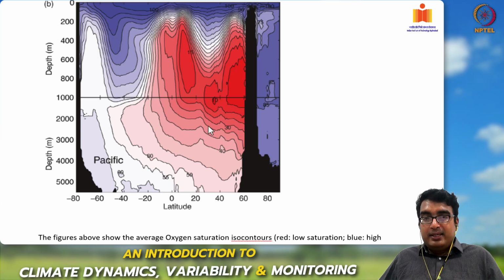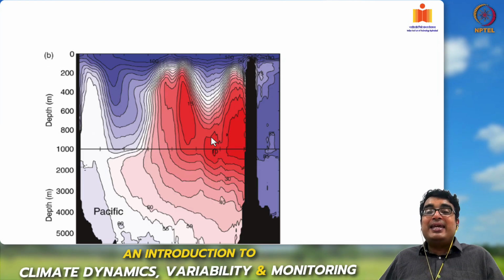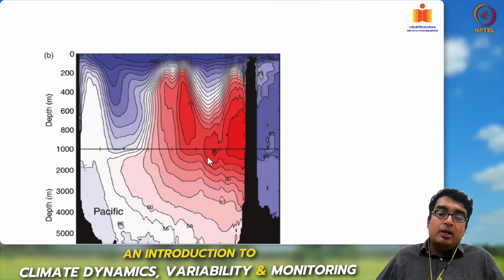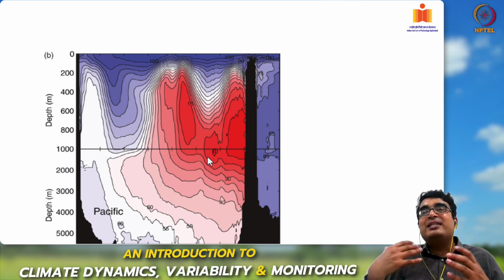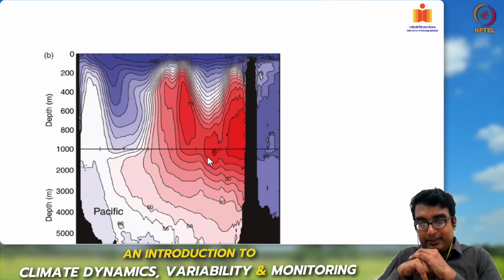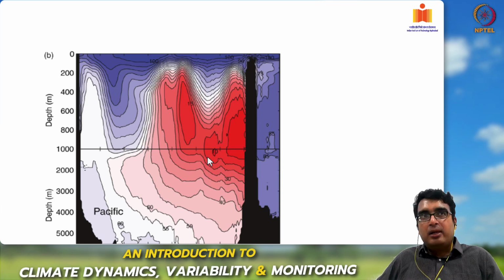Why is this the case? Why is this not the case in the Atlantic Ocean, but this is the case in the Pacific Ocean? Remember, the Pacific Ocean surface water is significantly less saline, that is fresher, than the Atlantic Ocean surface water, because the Pacific Ocean has significantly lower runoff and higher precipitation.